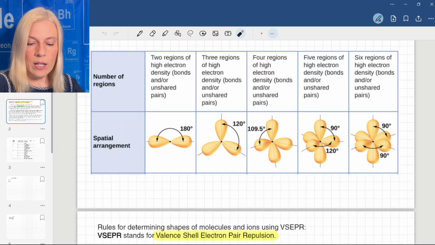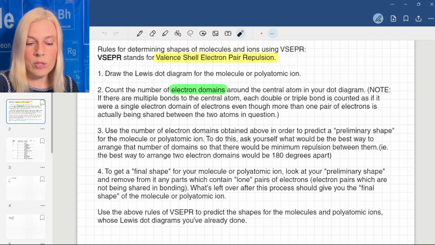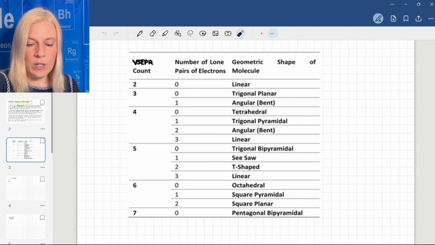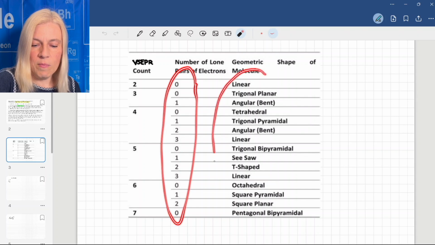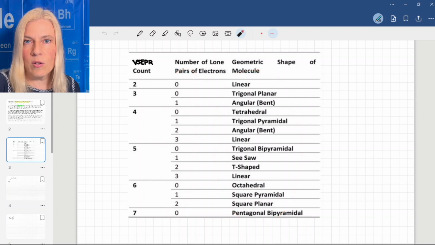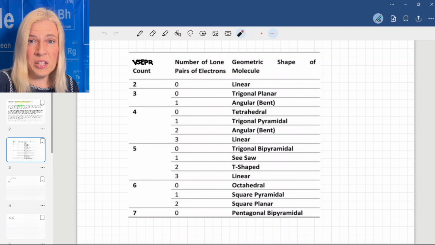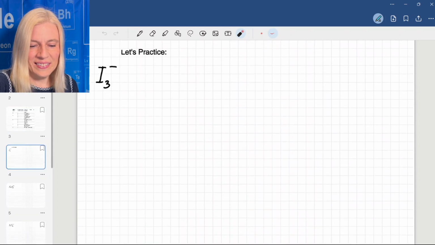We learned all the rules for how to predict the shape, and we also quickly got a little cheat sheet with all the names of electron domain geometries, whether you have lone pairs, and the names of all the molecular geometries. So let's keep going.